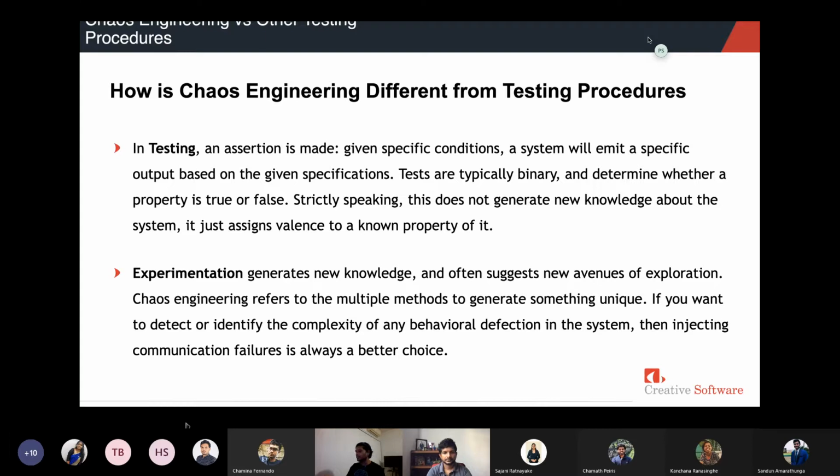Let's say you have a lot of dependencies in a microservice architecture, and when you code, you might not think about, for example, a program that writes to a Kafka cluster, a particular Kafka topic. You don't write tests on what to do when the Kafka topic is deleted by accident. So this kind of scenario will not be covered in unit testing or integration testing.